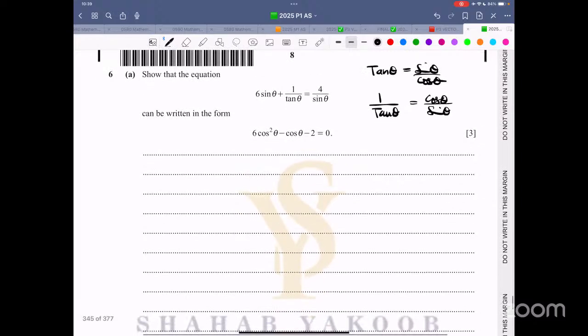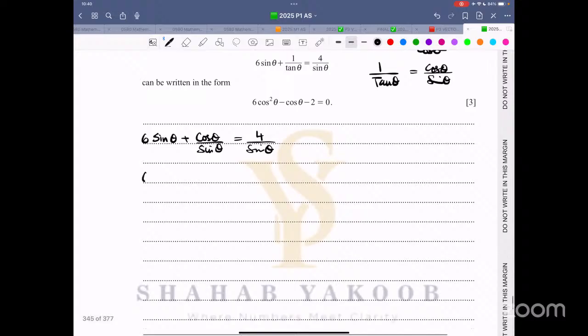So now over here, I can write 6 sine theta plus cos theta over sine theta equals 4 over sine theta. Multiply by sine throughout. So 6 sine square theta plus cos theta equals 4. Now use the identity sine square plus cos square equals 1.